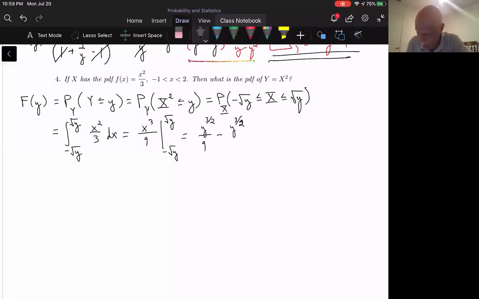That's secretly a 2 over 9, but the negative signs make this a positive, which gives you 2/9 y to 3/2. And then you refocus and say, wait a second, this is the CDF.